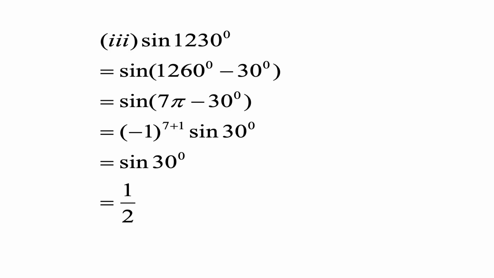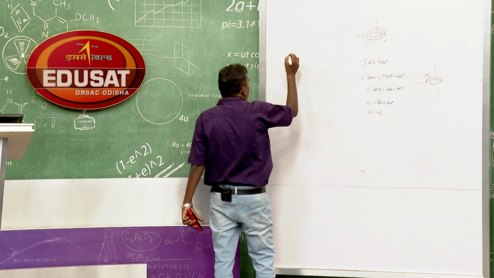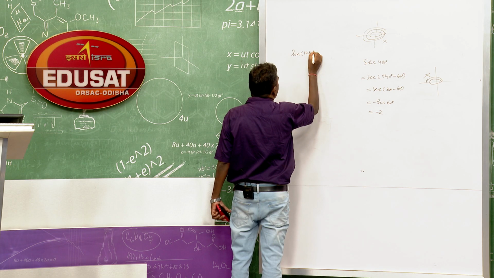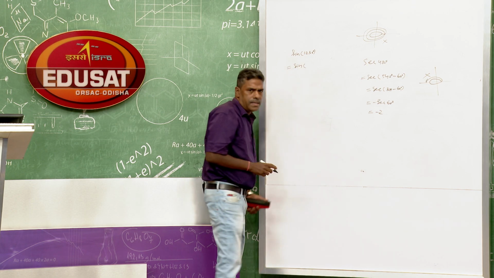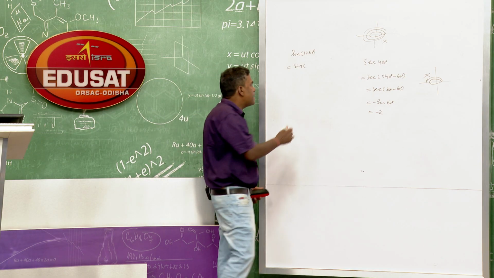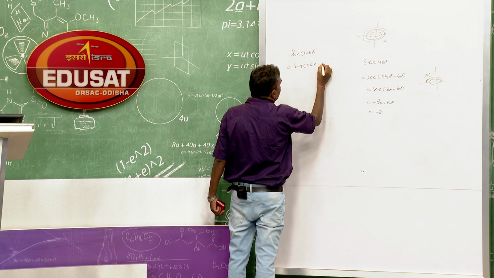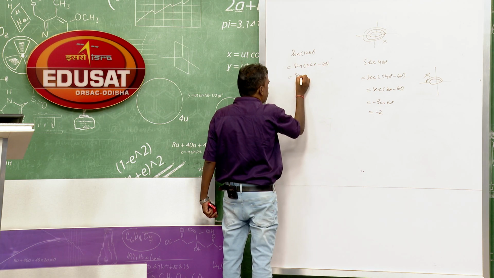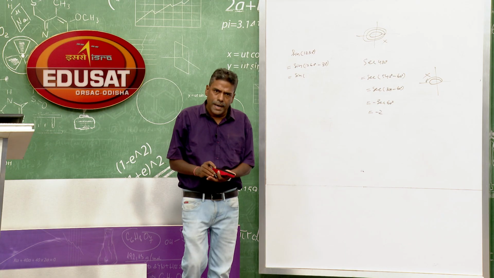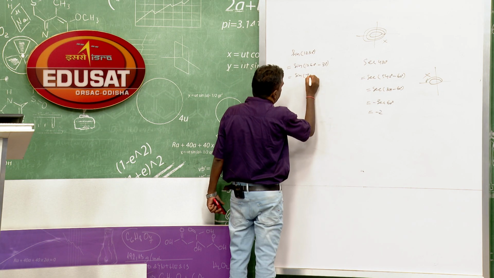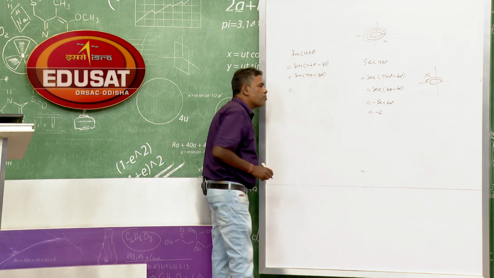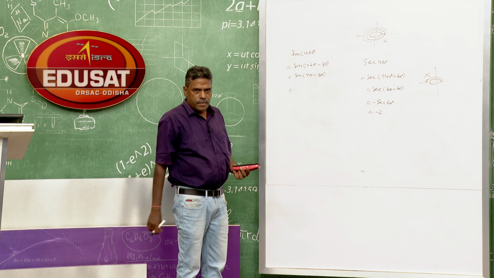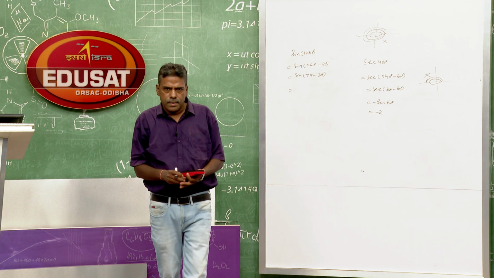Then evaluate sin 1230°, which means find the value of sin 1230°. That is sin(1260° − 30°), and 1260° is 7π, so sin(7π − 30°). So, sin(7π − θ) is (−1)^(7+1) sin θ.